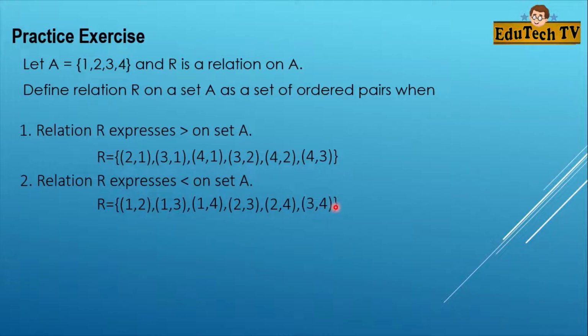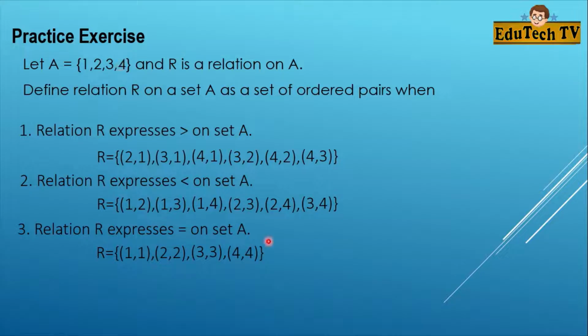Next, how about the relation R expresses equal on set A, meaning they must be the same. Of course, we have (1, 1), (2, 2), (3, 3), and then (4, 4).